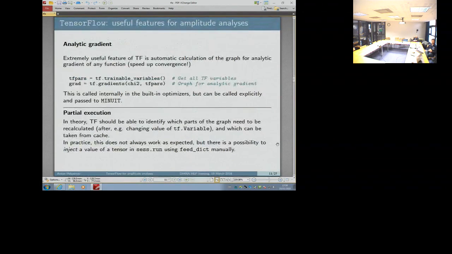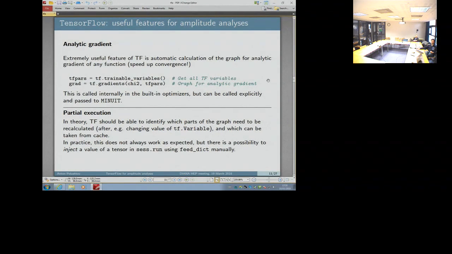So there are some useful features in this library which are quite convenient for the amplitude analysis. As I said, it can do analytic gradient, which is extremely useful. You will see the benchmarks in some time. It can automatically calculate the gradient of your likelihood function, and this can speed up the convergence of the fit quite a lot.